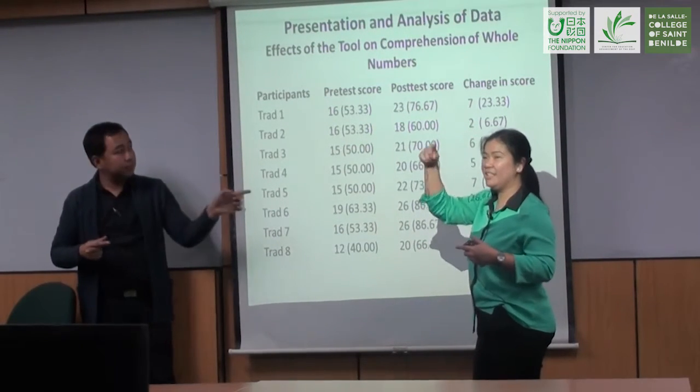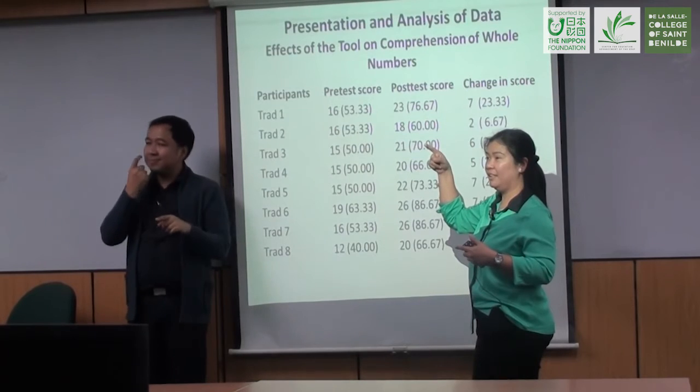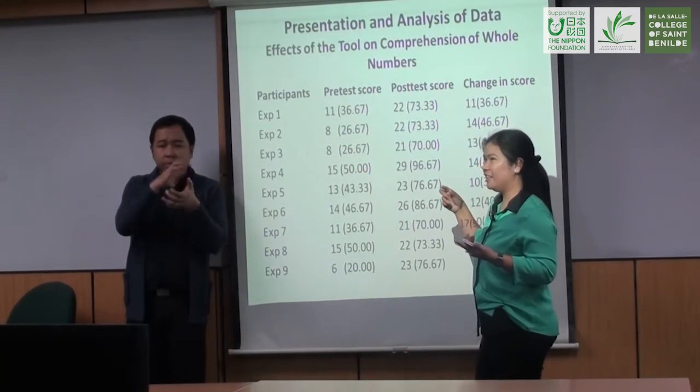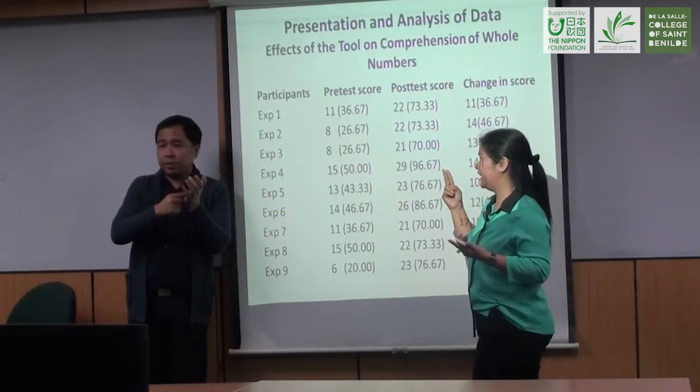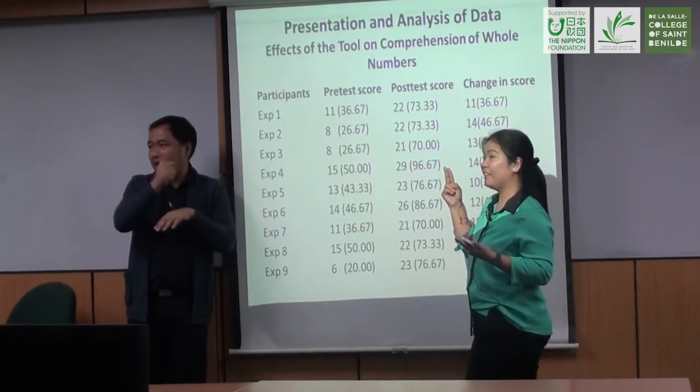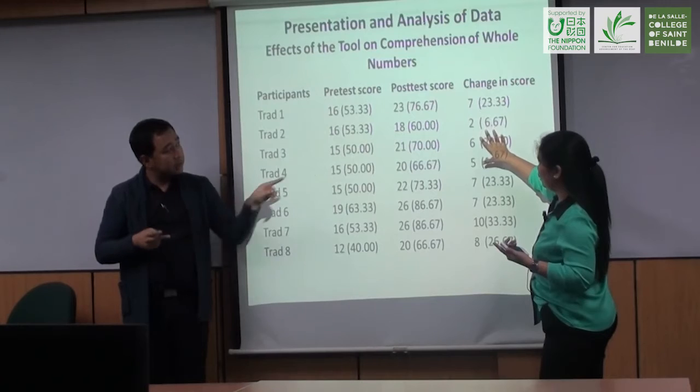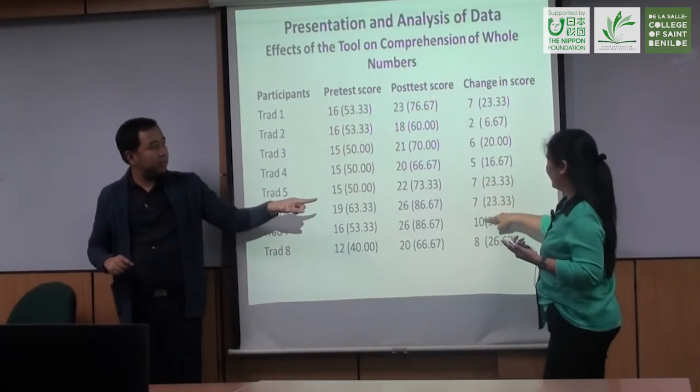But if you notice, in the experimental group, their change in score is almost in 2 digits. While in the traditional, it's a single digit.